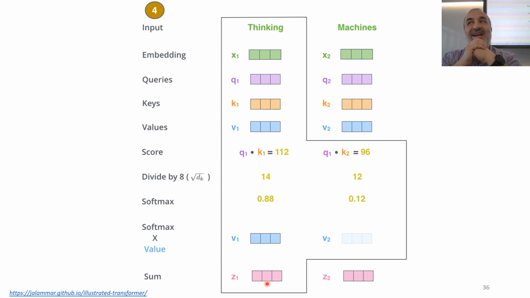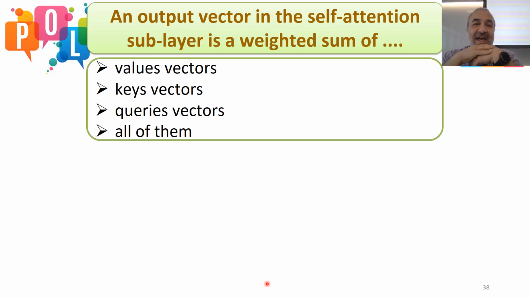Questions before I ask, because I have questions. Ready for the questions? Okay. An output vector in the self-attention sublayer is a weighted sum of: values vectors, keys vectors, queries vectors, all of them? What do you think?